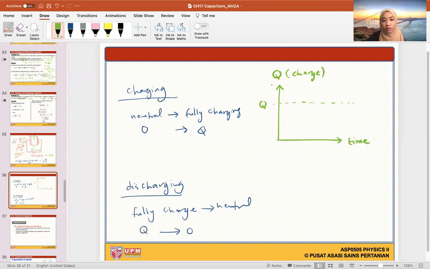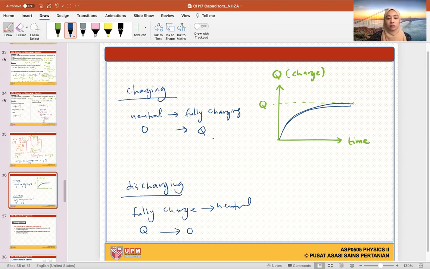So Q is the maximum charge that your capacitor can store. If I start from 0 and I end up at Q, my graph looks like this. It increases, but over time that increase becomes slower and slower. I don't know what the term is mathematically for that, but the gradient is like this. The increase becomes slower over time.